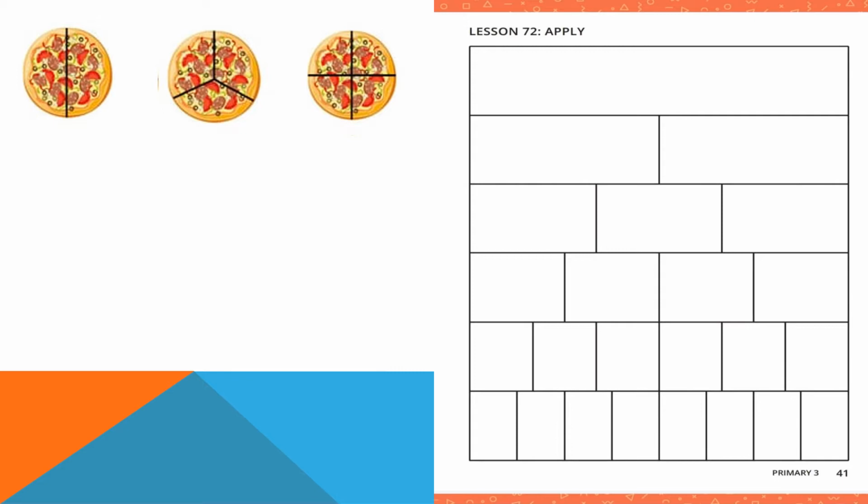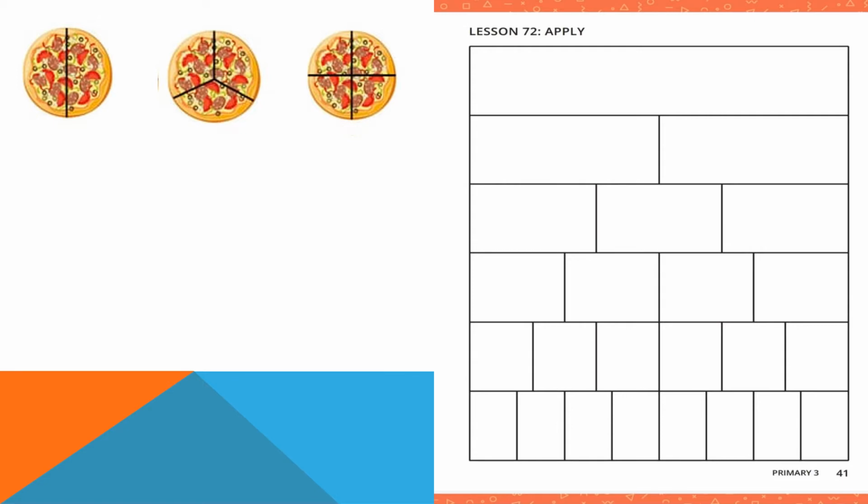And if we divided the whole pizza into 3 equal parts, each one will take 1/3. I have here 1/3, 1/3, 1/3. So the whole one contains 3/3. If we divided it into 4 equal parts, each part will be a fourth. 1/4 here, 1/4 here, 1/4 here, and 1/4 here.